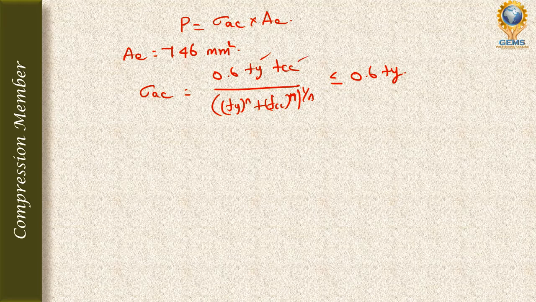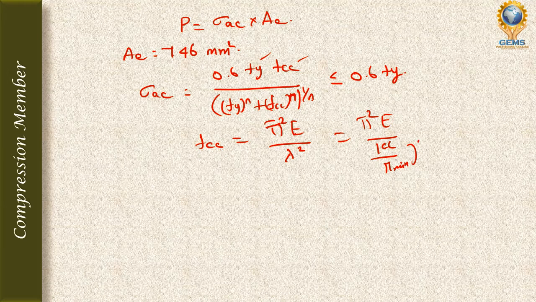What is FCC? FCC is the elastic critical stress in compression, found by pi square E by lambda square, that is pi square E by (KL by R minimum) whole square. So what is the effective length KL?